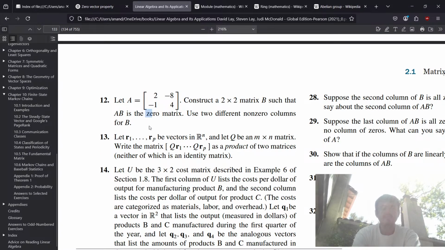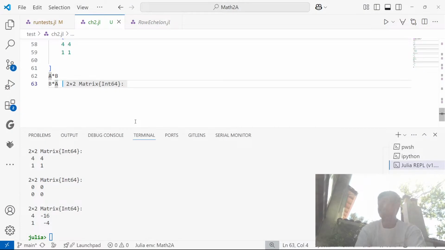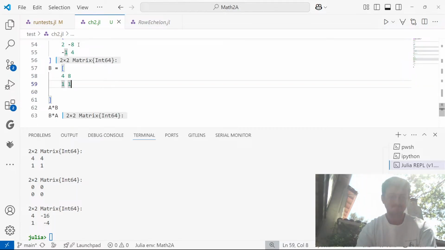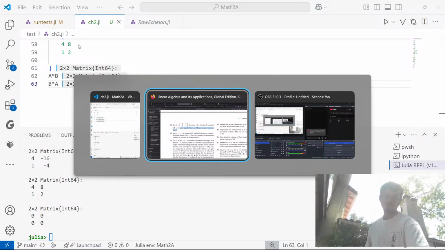Use 2 different non-zero columns for. Oh. Wait, can't we just do 8 and 2? I think we can just do 8 and 2. So okay, cool. Yeah. So they just need to be a scalar multiple of each other.